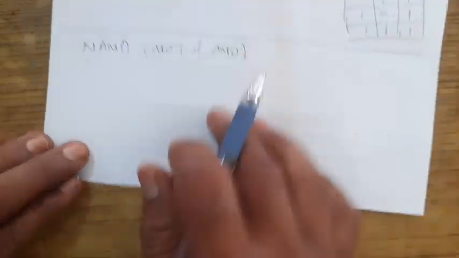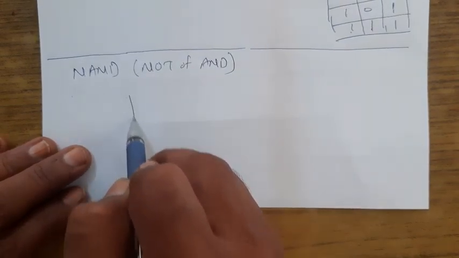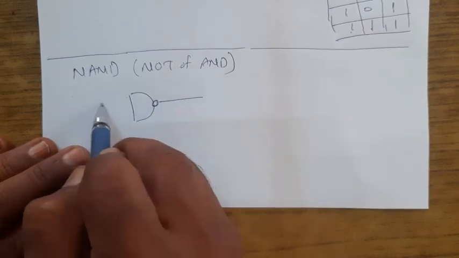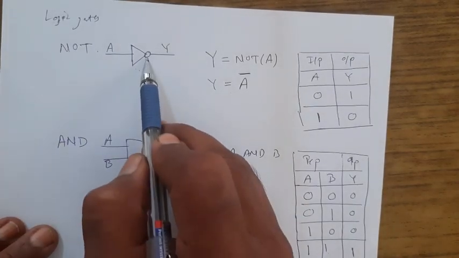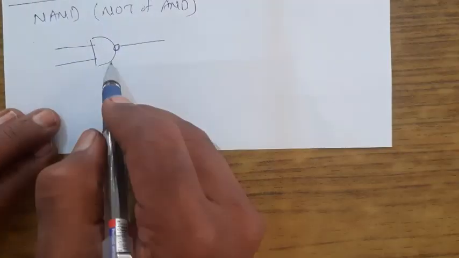And therefore the symbolic representation for the NAND gate is the AND gate, and there is a bubble. This bubble indicates that there is a complement of the output of the AND gate. This is the output of the AND gate, and the bubble represents the complement. Therefore if I put the bubble here, it becomes the NAND gate.